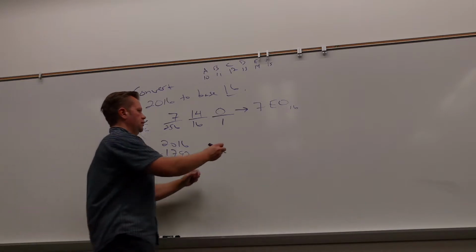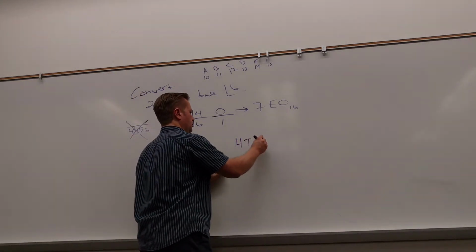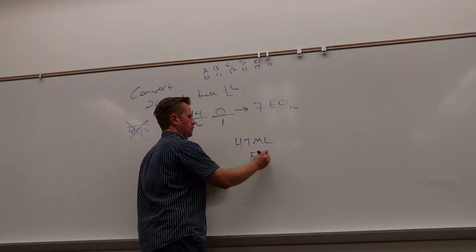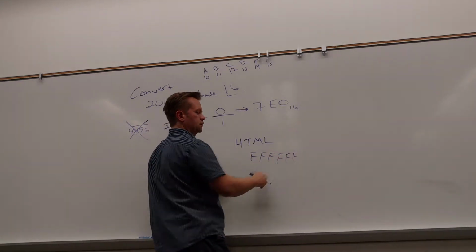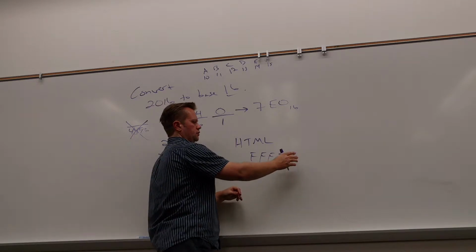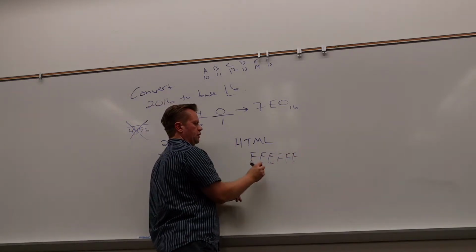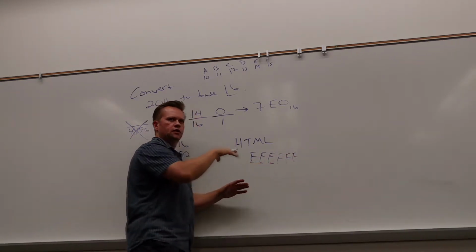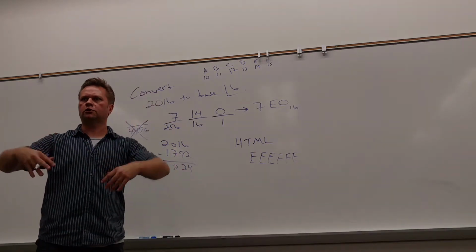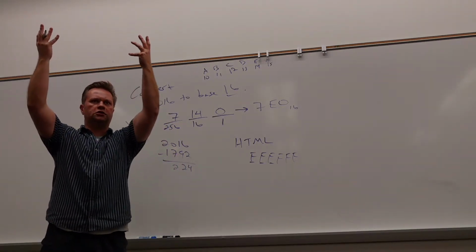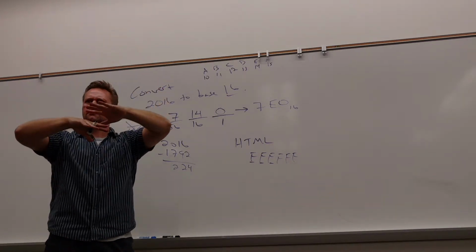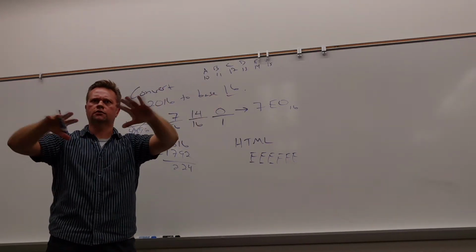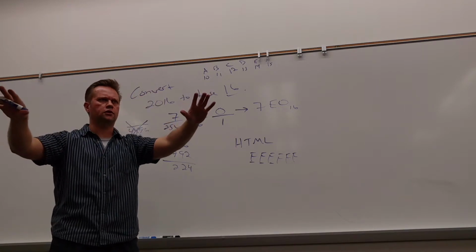So if you looked up HTML code for colors, you would see stuff like F. I can't remember now, there's 4 or 6 of them, and each of these places represents red, blue, green. So F would mean all of each. In this case, I can't remember if it's black or white, which way it goes. Black. So it's all the colors at once, so it'll be black.